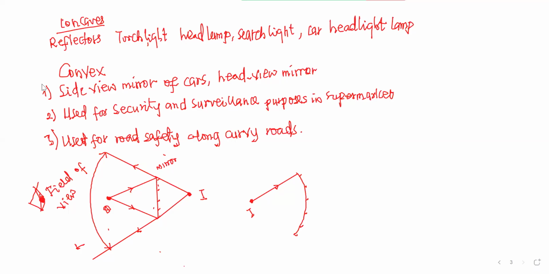This will reflect, but it will reflect by converging rays. Another ray from the object hitting the extreme of the mirror, so the reflected rays actually converge here. An observer looking through the mirror would actually see the image formed within this range. So for concave, this is the field of view.